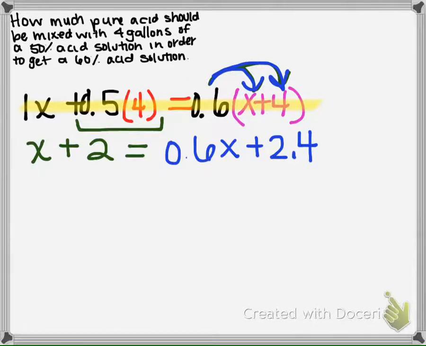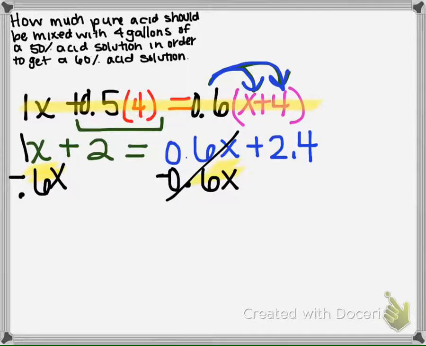Then the next thing is we can't have variables on both sides, so we're going to need to get rid of one of them. So I'm going to get rid of the 0.6. So then I have 1 minus 0.6, which is 0.4x.